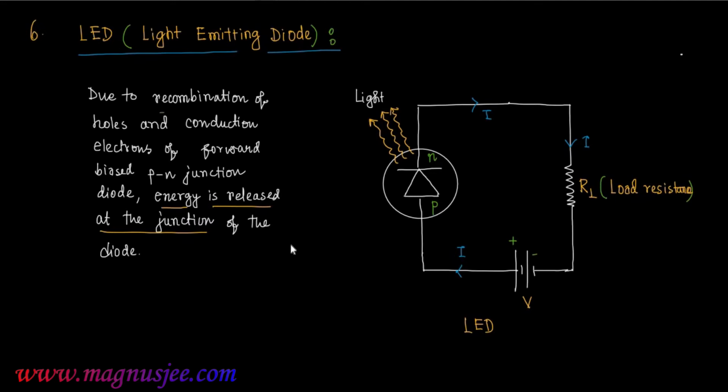That means due to recombination of holes and conduction electrons of a forward biased PN junction diode, energy is released at the junction of the diode. That is why this forward biased PN junction diode is called an LED.